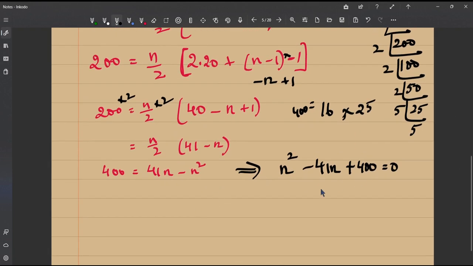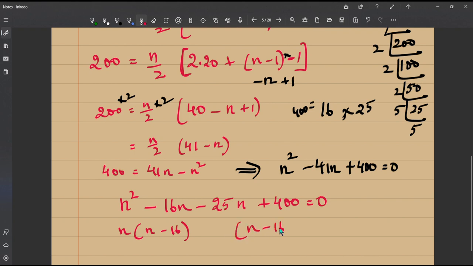So let me rewrite this. Split the middle term and write it as n squared minus 16n minus 25n plus 400 is equal to 0. Grouping and factoring out the common terms, it's n minus 16, and the second group, n minus 16 multiplied by minus 25, is equal to 0.